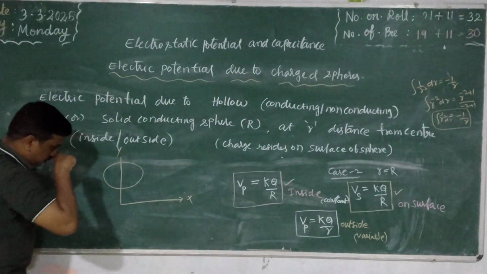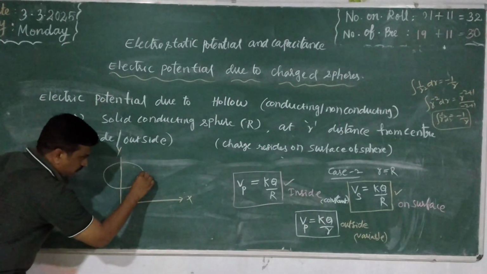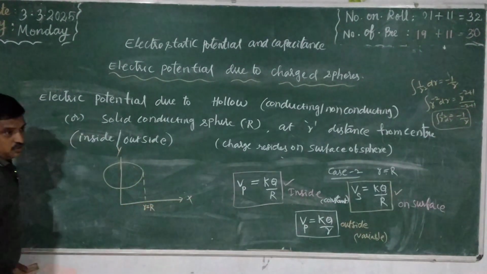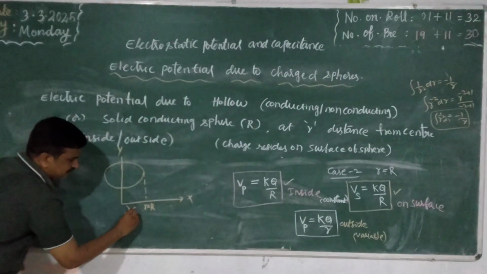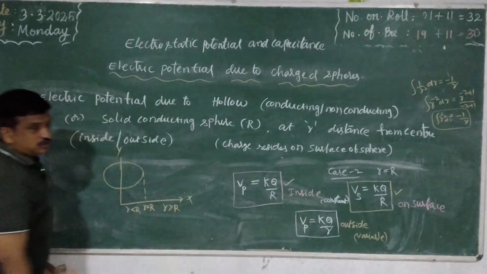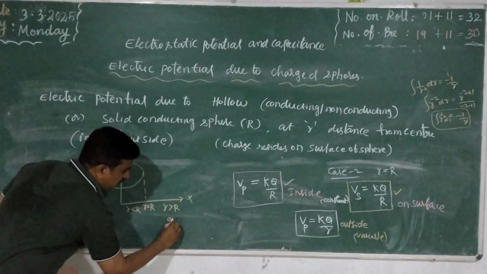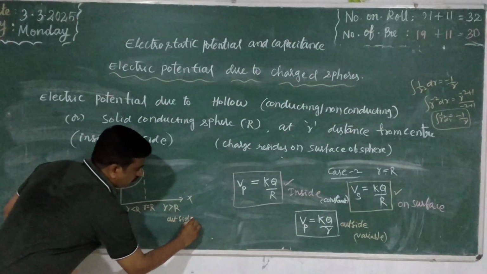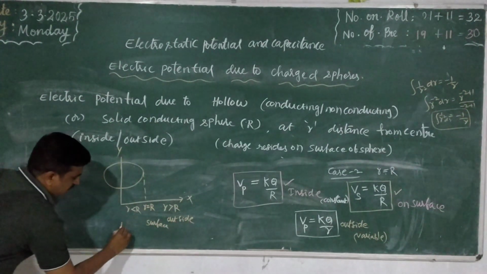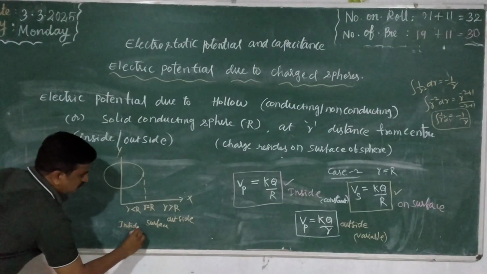These distances we can take here: small r equal to capital R means on surface, small r less than capital R is inside point, small r greater than capital R means outside point.